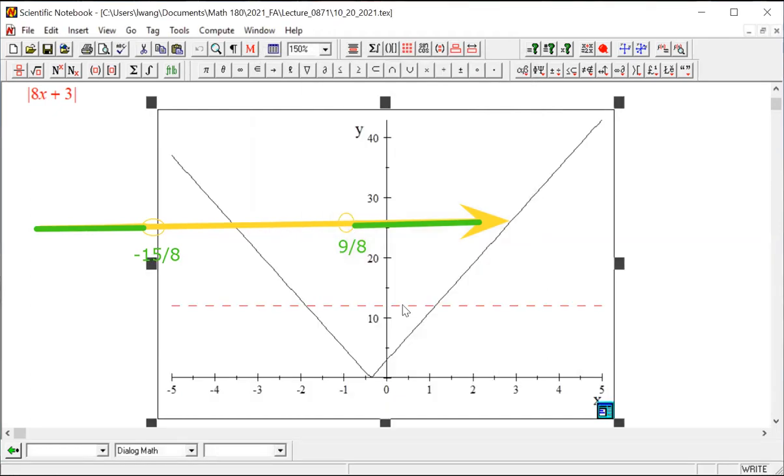Larger than 12, so that's 12. So we want inputs that are... you identify these two points, right? There's a point here, there's a point here, there's a point here, right?